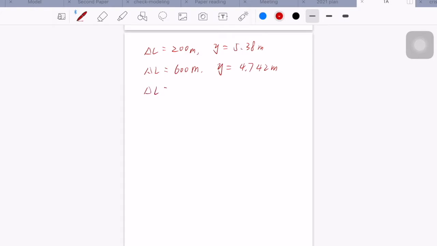When delta L equals 1500 meters, water depth equals 3.311 meters. When delta L equals 3000 meters, water depth equals 1.312 meters. So we have done this problem.